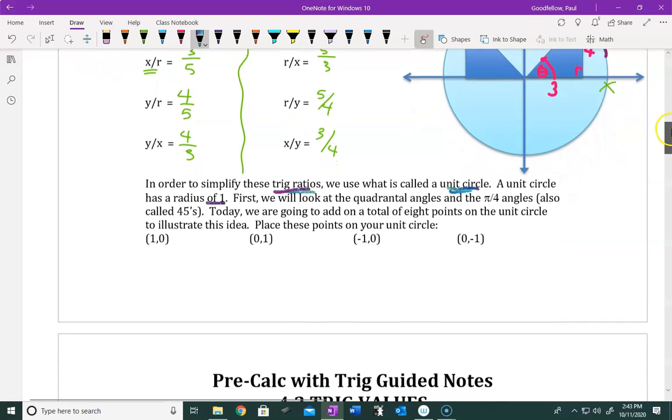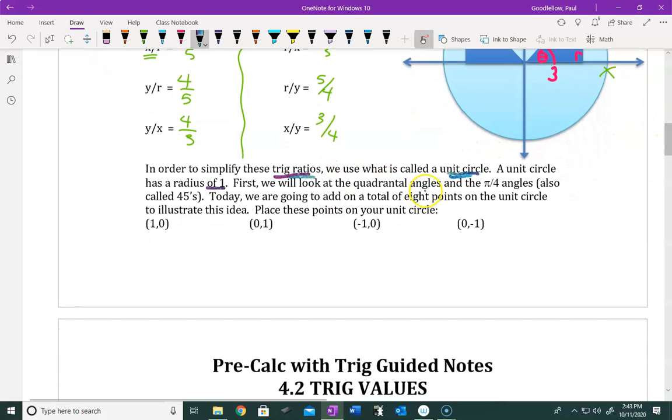Okay, so the first place we're going to look is the quadrantal angles, and then later we'll talk about how to look at the pi over 4 angles. But we're going to really focus specifically on the quadrantal ones first. So I'm going to draw just a set of crosshairs here and a very rude unit circle.